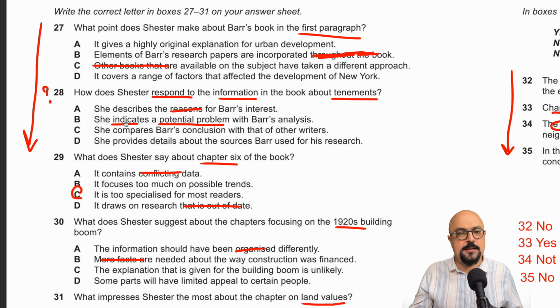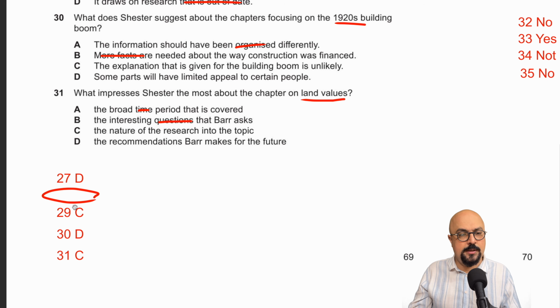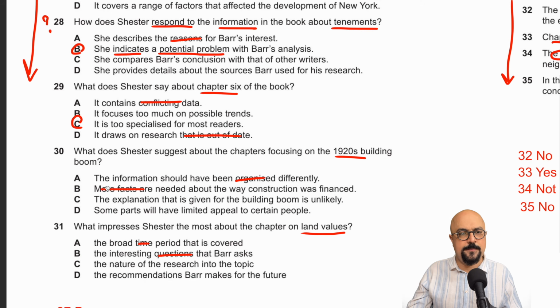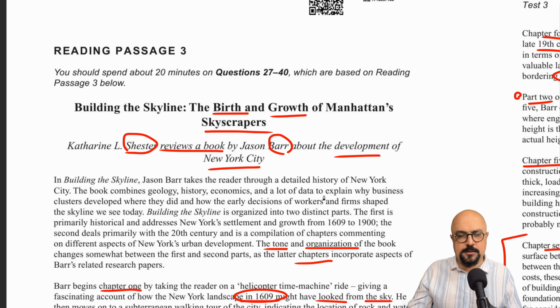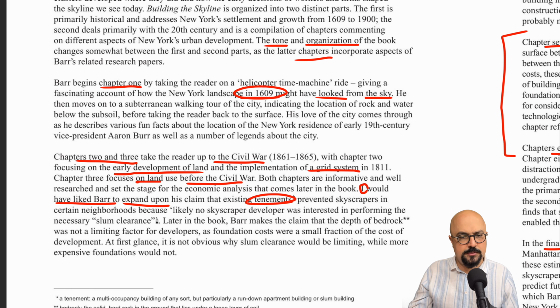But we have an indication of a potential problem with his analysis. So let's choose B, even though we're not 100% sure. So 28 is B, right? Let's read that paragraph more completely to be sure, if there is time. Otherwise, we should be happy with a good guess.